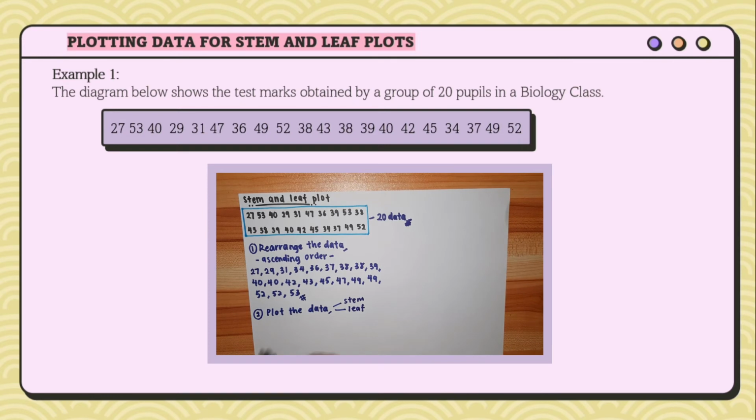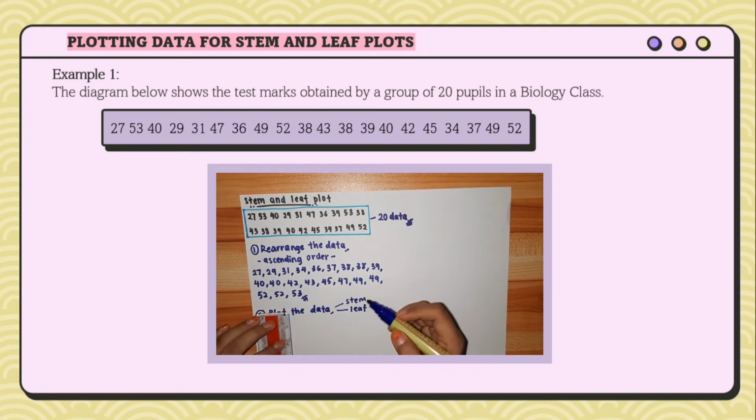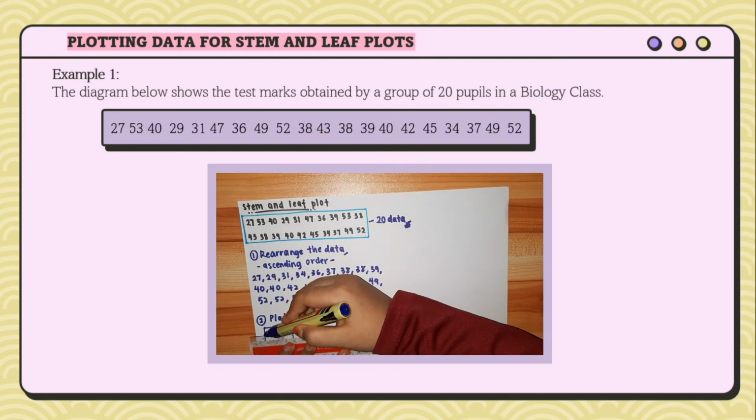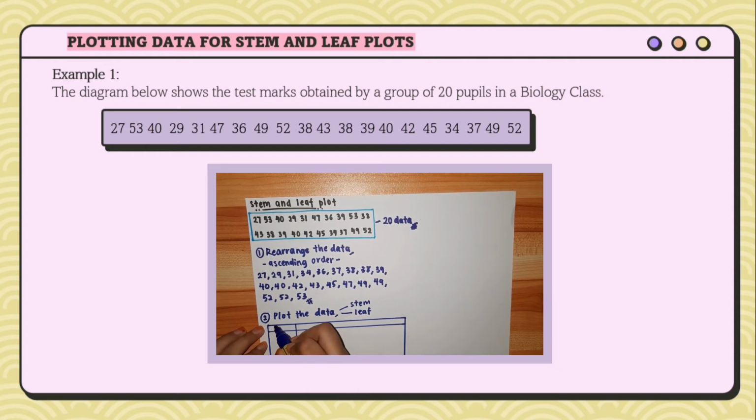Okay, now take a ruler and we will start plotting the data by drawing a 2-column table. You can try to draw the table together with me. We are done drawing the table. Now we have to label both sides of the table as stem and leaf. Stem will be on the left side of the table and leaf will be on the right side of the table.